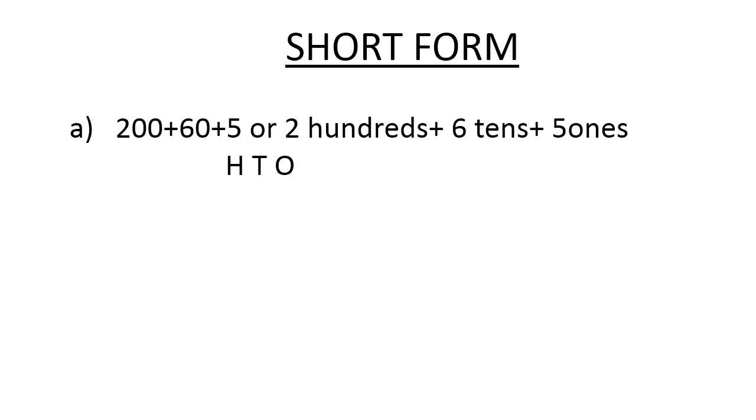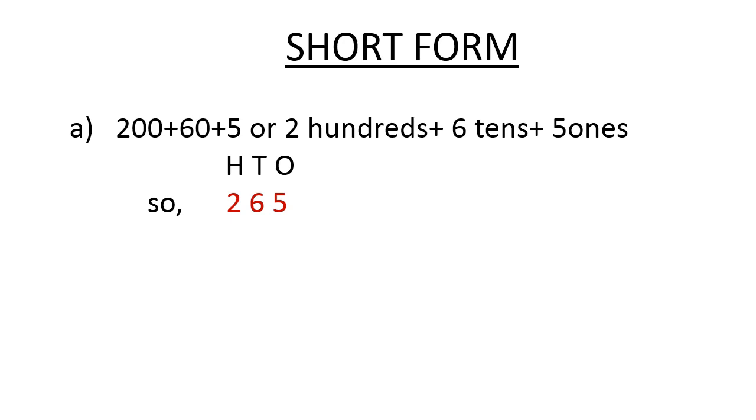So now you can easily write, because here 5 is at ones place, 6 is at tens place and 2 is at hundreds place. So we will write like this: 5 is at ones place, 6 is at tens place and 2 is at hundreds place. So collectively how we can speak it?